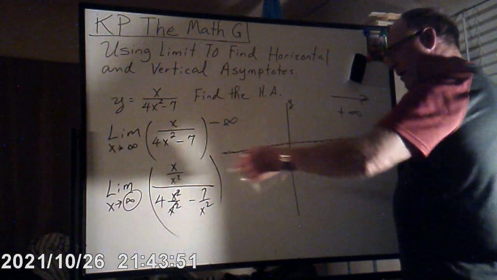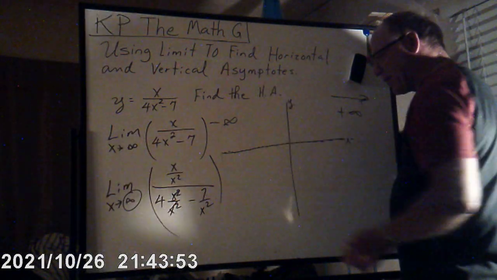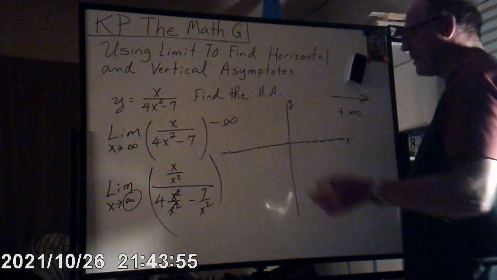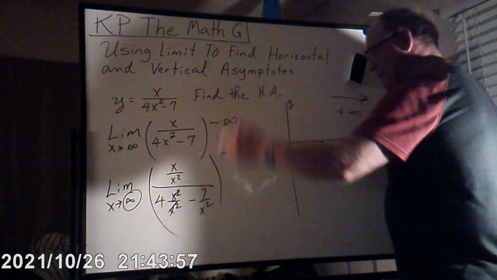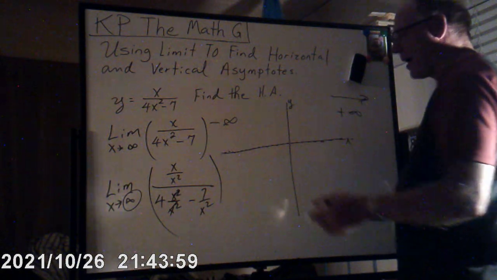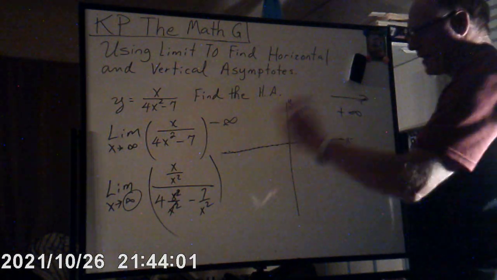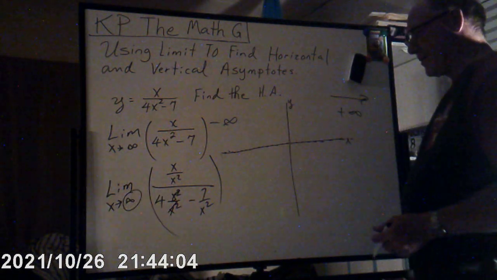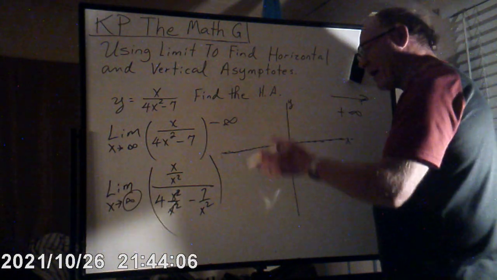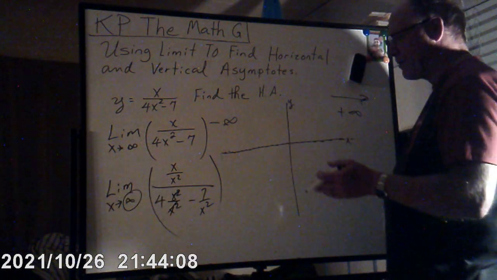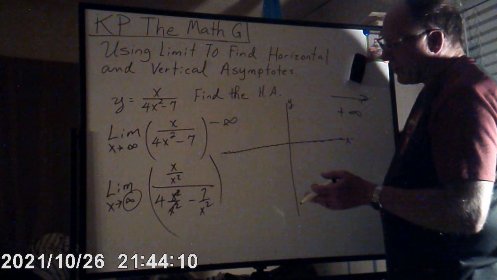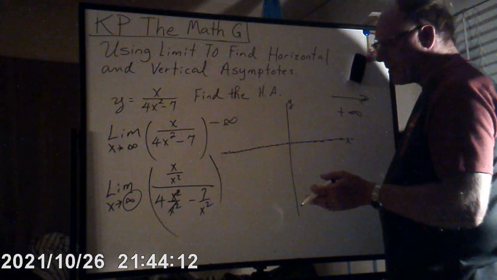Now, out here there is a vertical asymptote as well. So wherever the vertical asymptote is, that's what we need to go by. I could tell you what it is. It's actually the square root of 7 over 2.